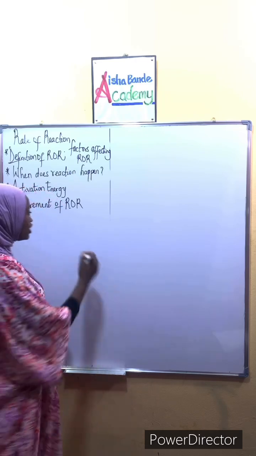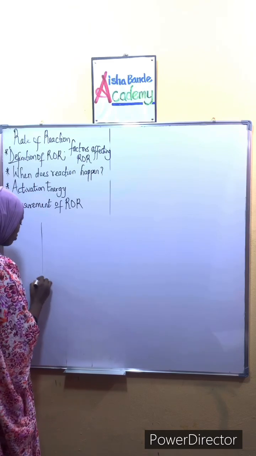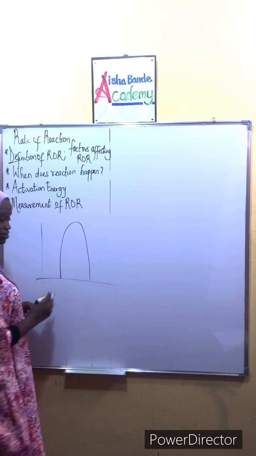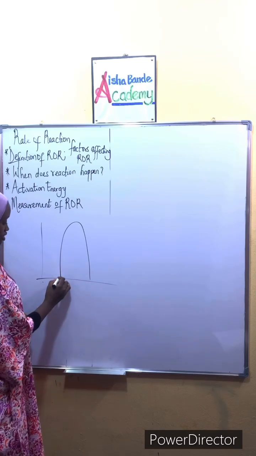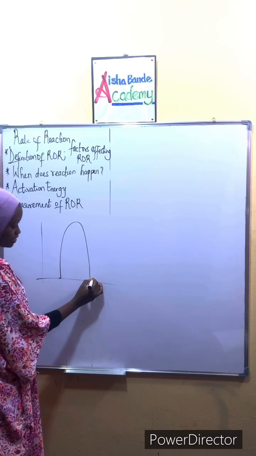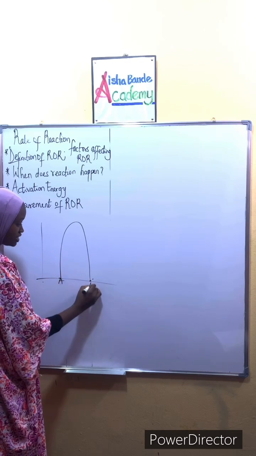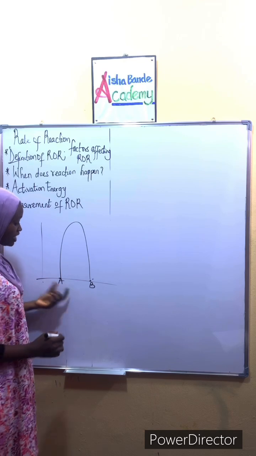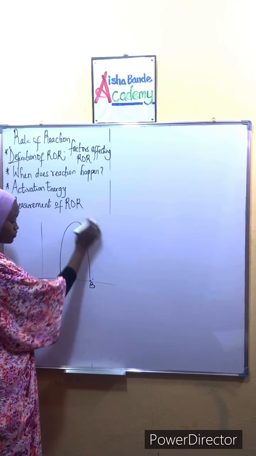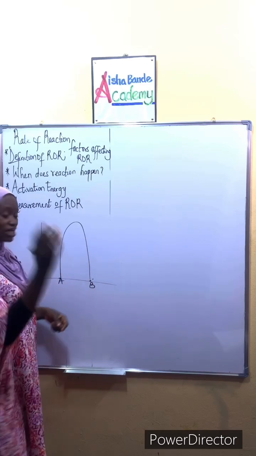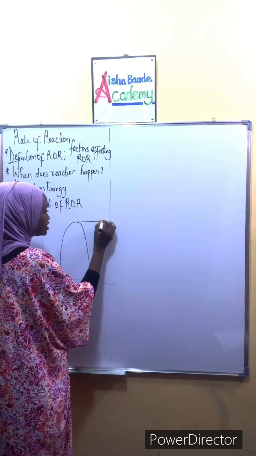So let's explain this in the form of a diagram. Let's say this is a hill, right? You are at this point, and you want to go to the other side of this hill, this point here. Let's call here point A, this is point B. So you're at point A and you want to go to the other side of this hill, which is at point B. So where you need the activation energy is at the top of this hill here.